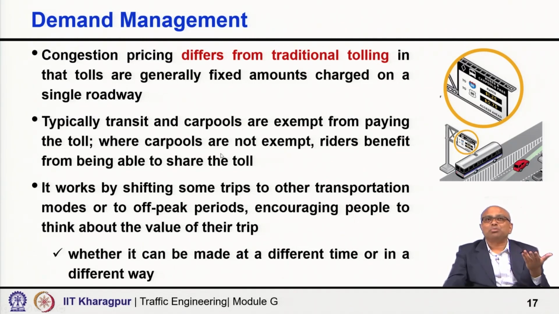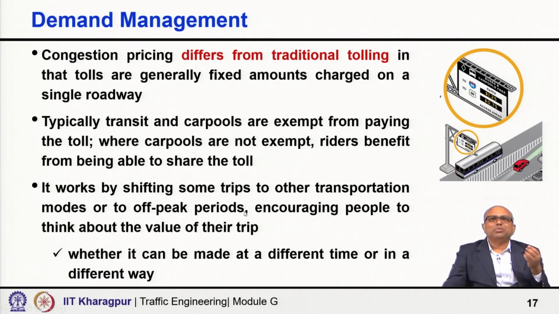And even where carpools are not exempted, the cost is actually getting distributed. I was paying the toll every day, now that price in the whole week is shared by 3 of us or 4 of us. So, actually I am also saving, even if we are paying toll.